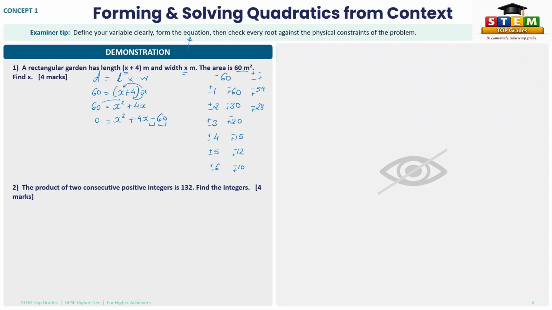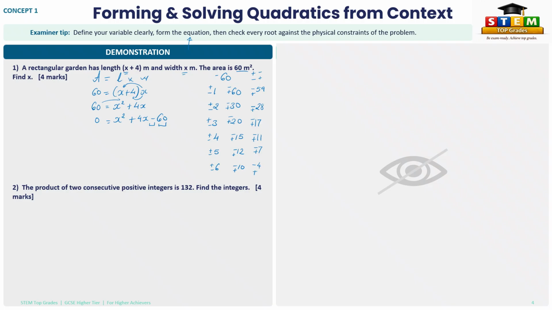And when you combine them together, plus 3 and minus 20 gives you negative 17. Below is going to be positive. On top, 4 and 15 gives you negative 11, or you can have positive 11. Then you have 5 and 12, plus 5 minus 12, that's minus 7, or plus 7. And that one gives you negative 4, or plus 4.